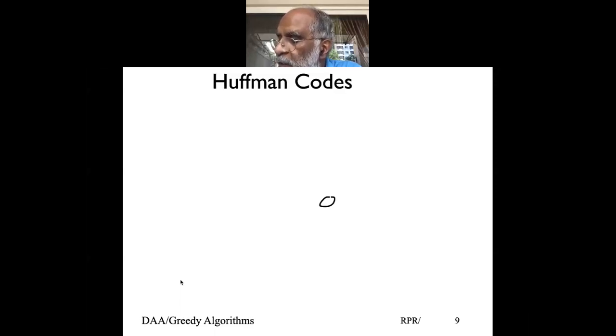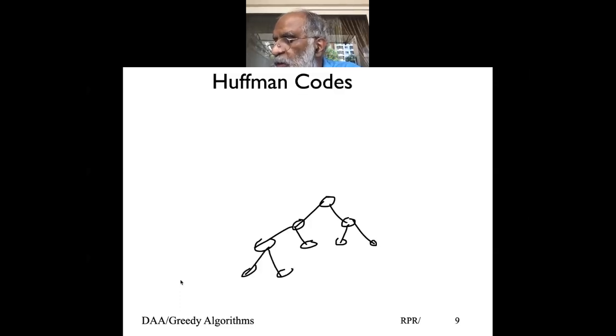So I build a binary tree. And then what I can do is, for the left side, I can give value 0. On the right side, I can give value 1.